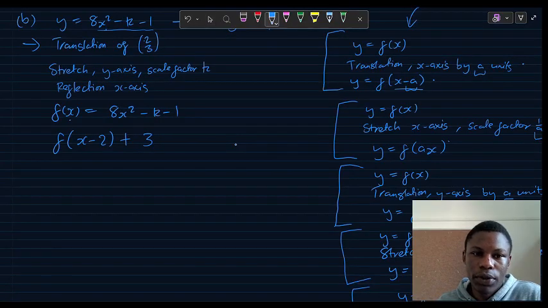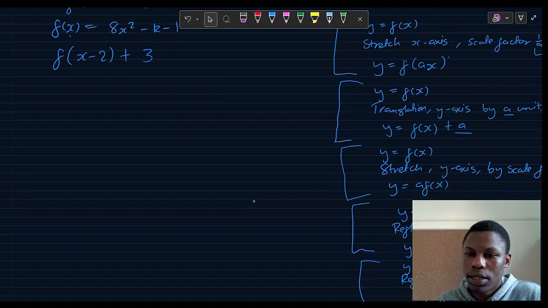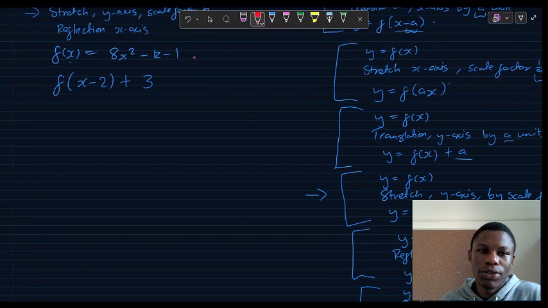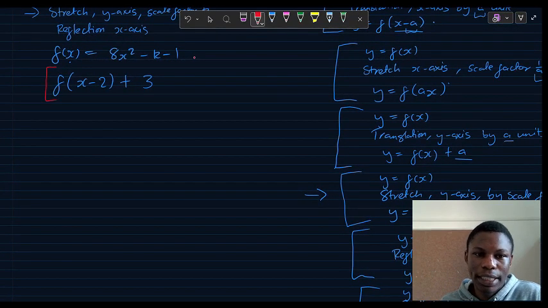And then we've got a stretch in the y-axis by scale factor k. So stretch in the y-axis, it's just going to multiply your whole function. And our scale factor is k.